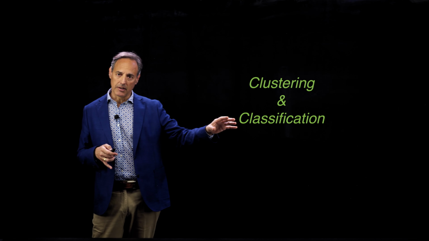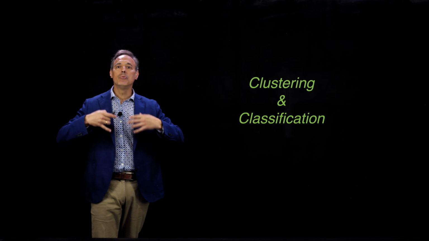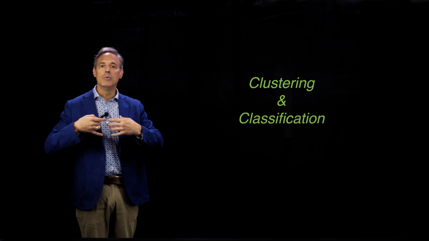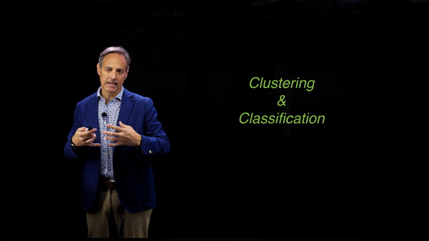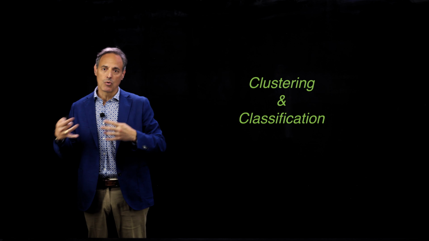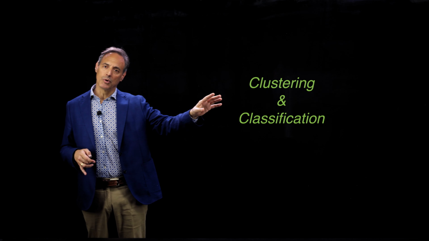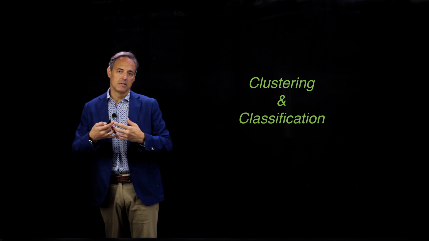Classification is related to clustering because once I have these clusters, I may want to bring a new data set, or new pieces of data, to you, and I want you to take that data and classify it into the clusters that we might have available to us. So for instance, if they are pictures of dogs and cats and horses, the classification would take a new image of one of these animals and give it a label.